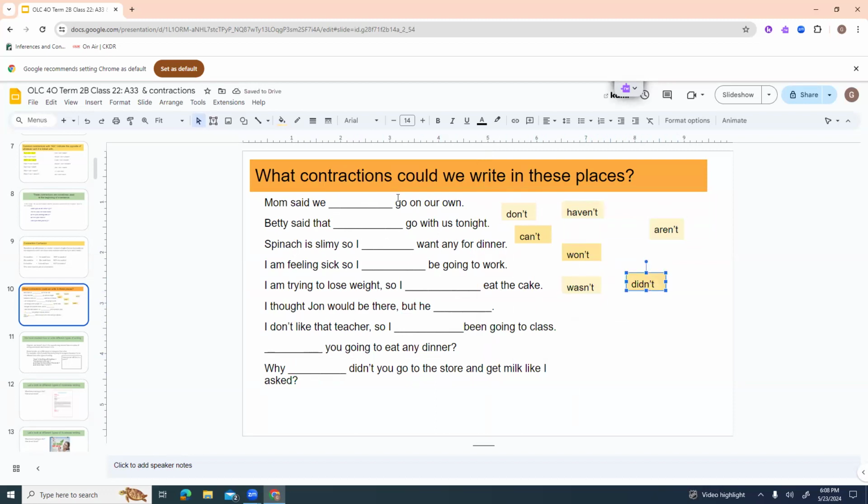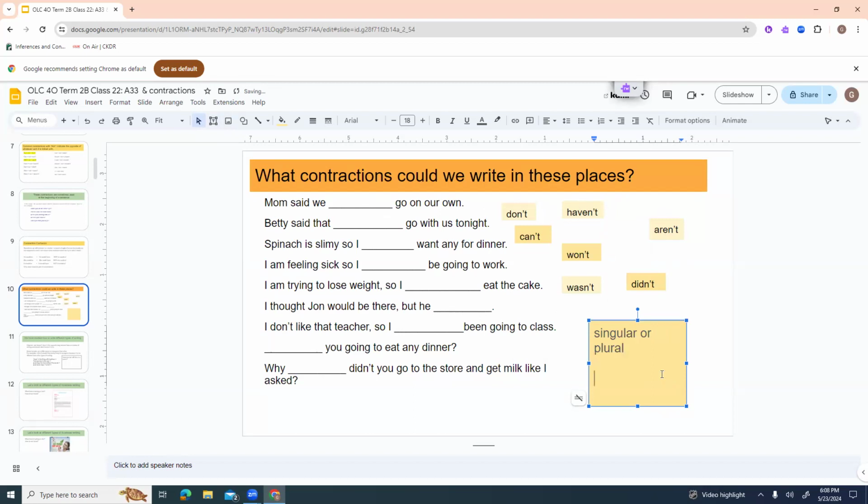Mom said we something go on our own. We don't go on our own, haven't gone on our own, aren't, didn't, wasn't, and won't. So you have to look at two things here. When we're talking about the person, what makes sense in terms of singular or plural?